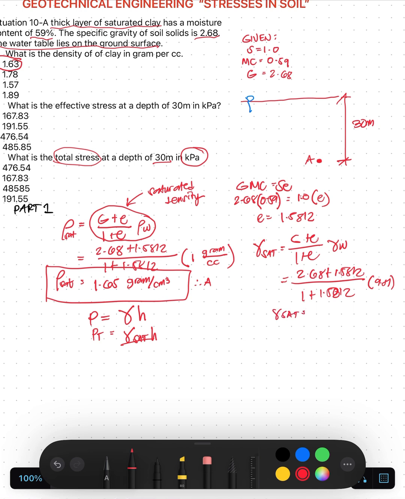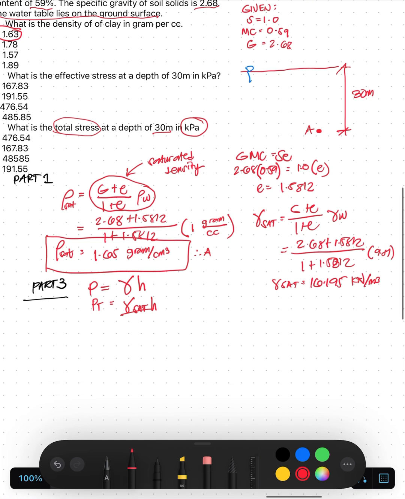So the saturated unit weight therefore is equal to 16.195 kilonewton per cubic meter.